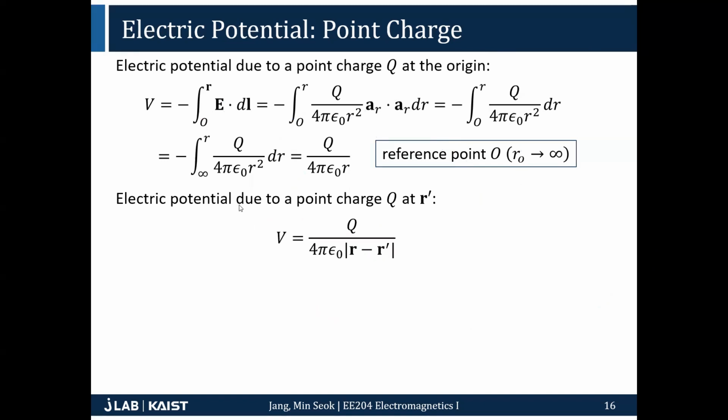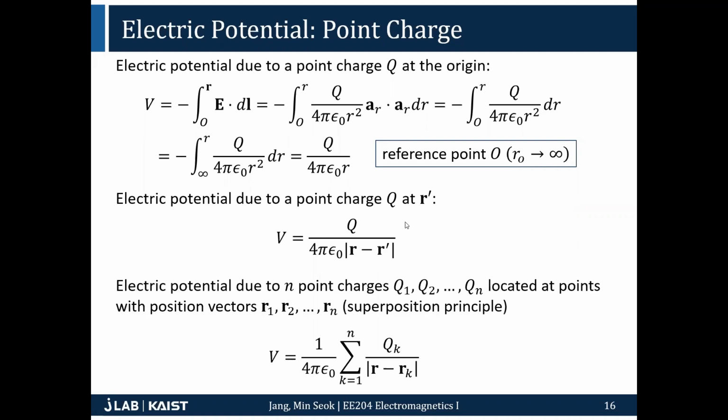And then the electric potential due to a point charge at R prime. So now we assume that this point charge is located at R prime instead of the origin. Then this equation can be written like this, right? R minus R prime. R prime is the source position, the position of the charge. And then we can expand this into multiple charges.